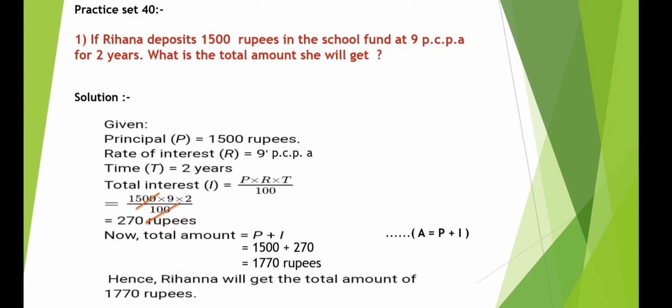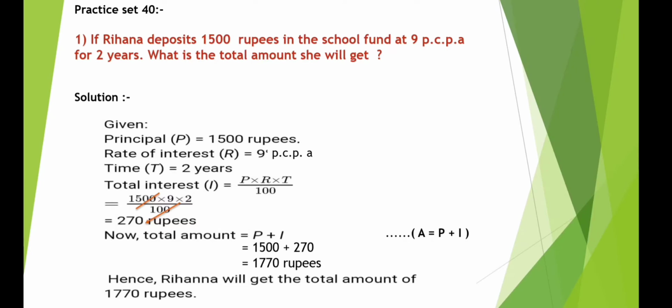So formula is P multiplied by R multiplied by T divided by 100. Now we have to substitute the values. The P is 1500, R is 9 and T is 2 divided by 100. Now we have to cancel both the zeros from numerator and denominator.